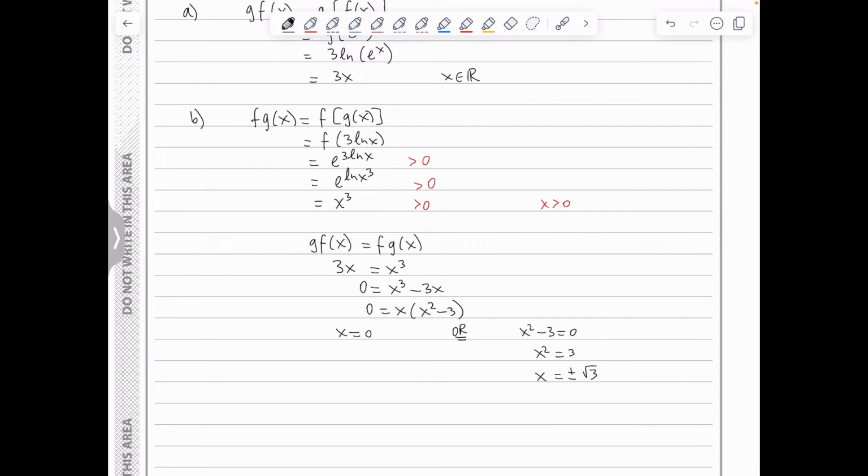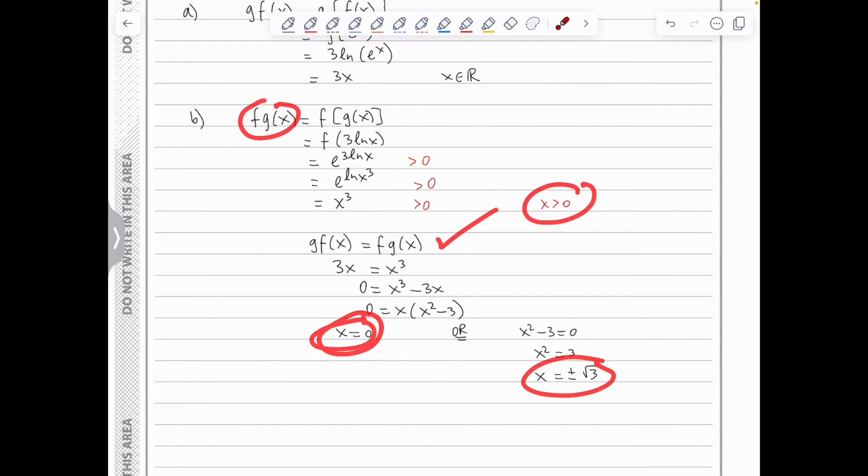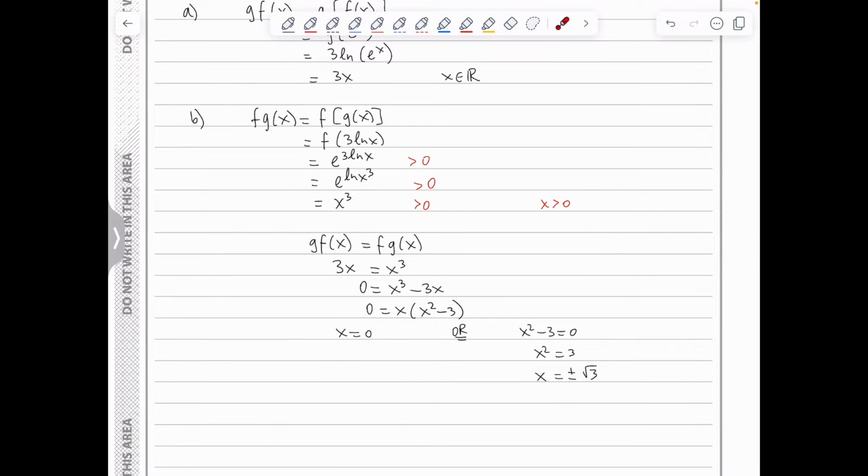So at the moment, we've got 3 possible solutions. We've got 3 candidates for a solution to the equation gf is fg. x is 0, x is plus root 3, and x is minus root 3. However, we know that f of g of x can only accept a positive input, and therefore the 0 and the minus root 3 are not possible, leaving us with just the root 3 as a possible answer.